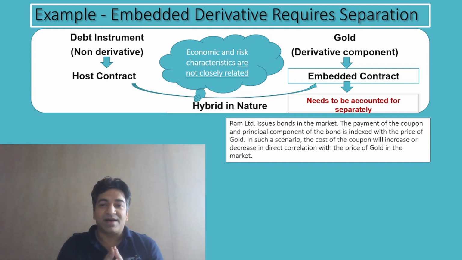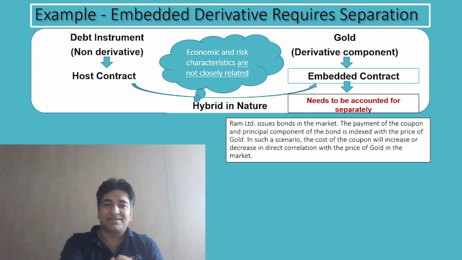The payments are indexed with the price of gold. So in this case, RAM Limited has issued the bonds and the payments of coupon as well as the principal components are indexed to the price of gold. In such a scenario, the cost of the coupon will increase or decrease in direct correlation with the price of gold in the market.